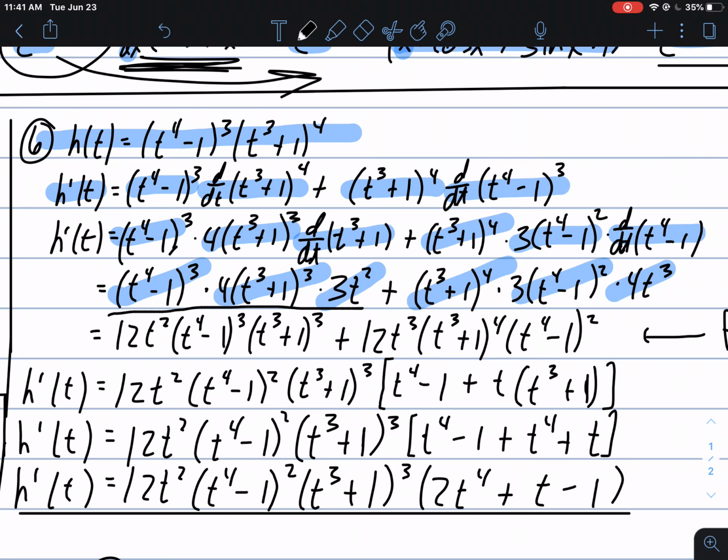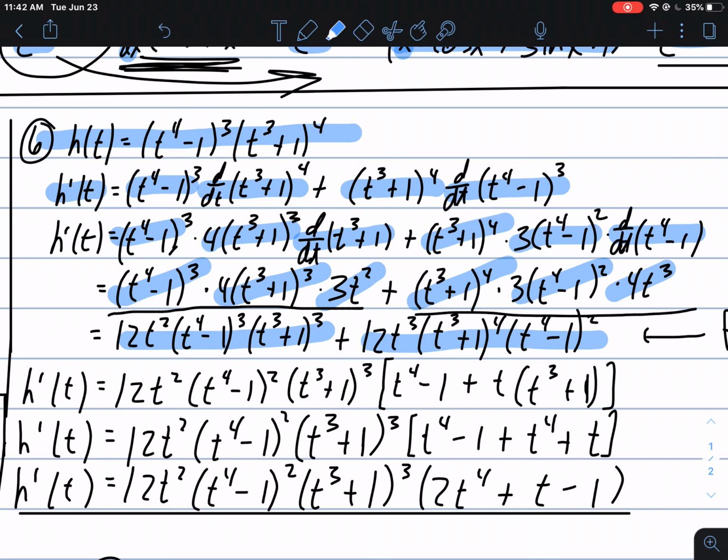And then we've got factors of t to the fourth minus 1 cubed and t cubed plus 1 cubed to get that. On the back end, similarly, I've got 3 times 4, I've got 12. I went ahead and brought the t cubed to the front, and then I've got t cubed plus 1 to the fourth. I've got t to the fourth minus 1 squared.